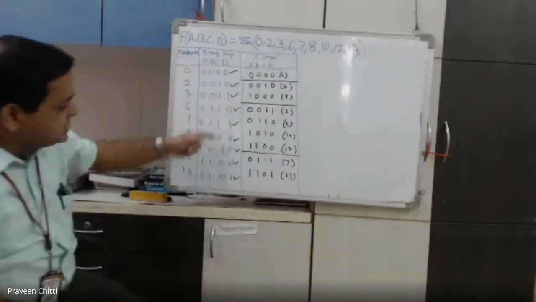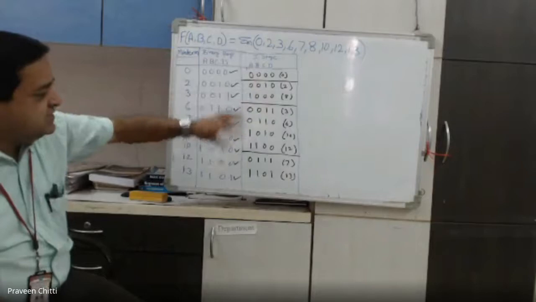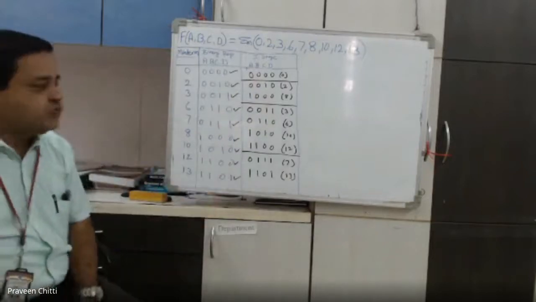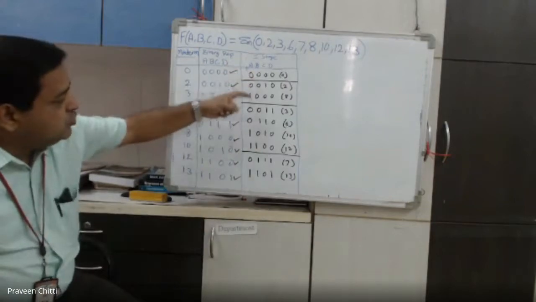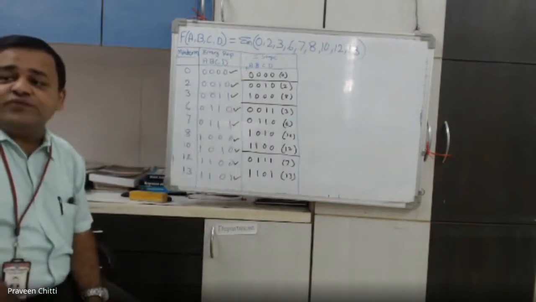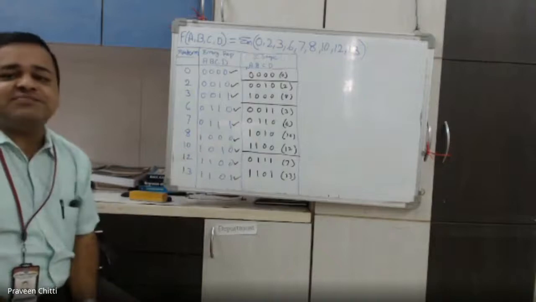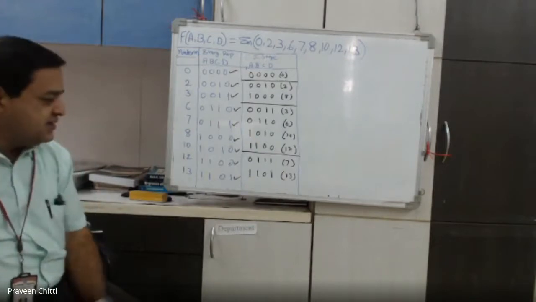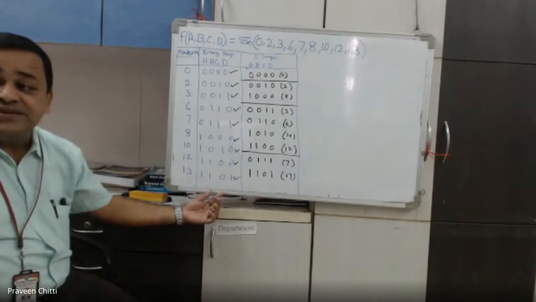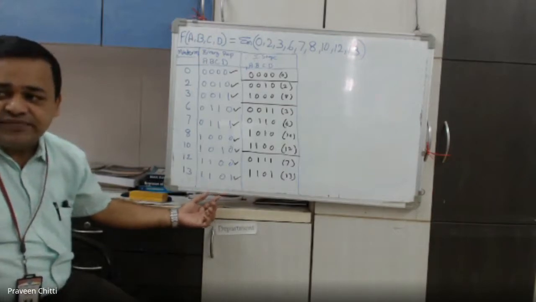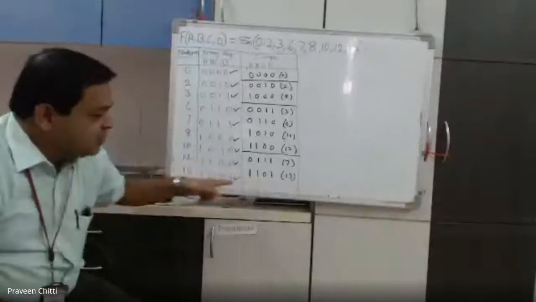So all of these we have covered in the first stage, but we have put them into different groups. How many groups have we formed here? 1, 2, 3, 4. Here we got 4 groups. With 4 variables, the maximum you can get is 5 groups. Here one more group is missing because we don't have a min term containing 4 ones. If you had 15 also, you would have had one more group.